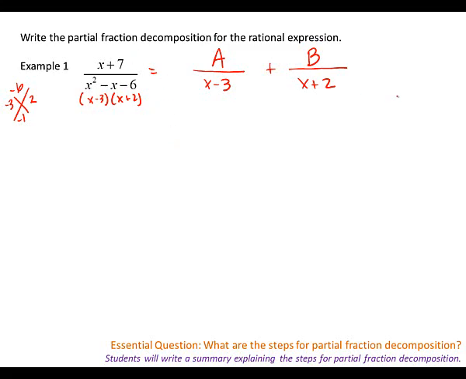So, I'm going to choose to multiply everything by the least common denominator, which is this thing here. So I'm going to multiply everything by x minus 3 times x plus 2. Sorry, x minus 3, not x plus 3. And we're going to do that on each term: x minus 3, x plus 2, x minus 3, and x plus 2.